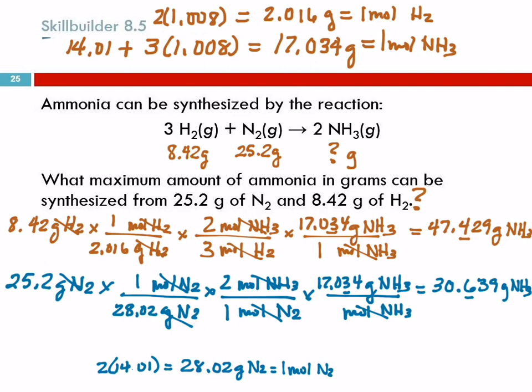The next question you ask yourself is, which of those numbers is smaller? Well, the 30 is smaller, right? This guy. So, what's the maximum amount of ammonia that can be made? It's 30.6 grams of ammonia.